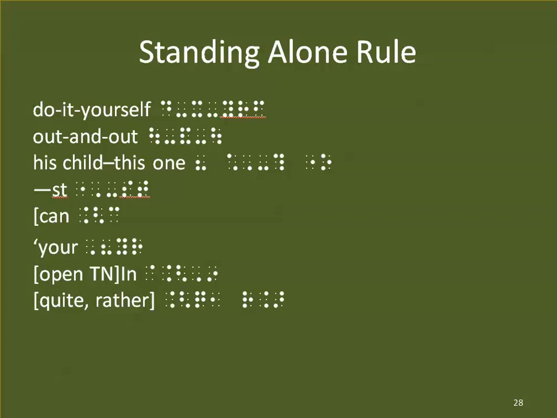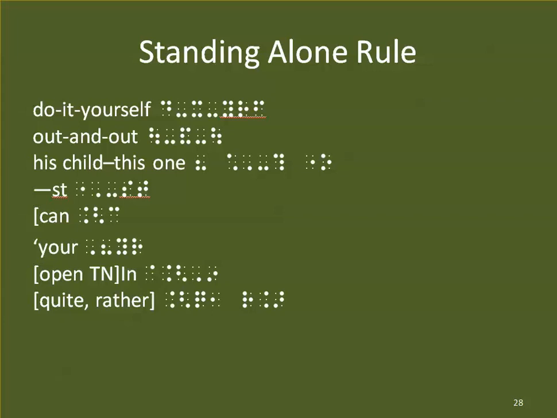Out and out has the same deal, hyphens and spaces on either side of each of those words, so they are each standing alone. His child, this one, child, and this. Child has a space on one side, a dash on the other. This is just the opposite, it has a dash first and then a space on the other. Both of those words are standing alone.